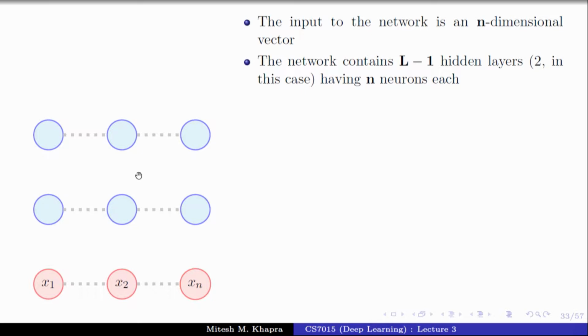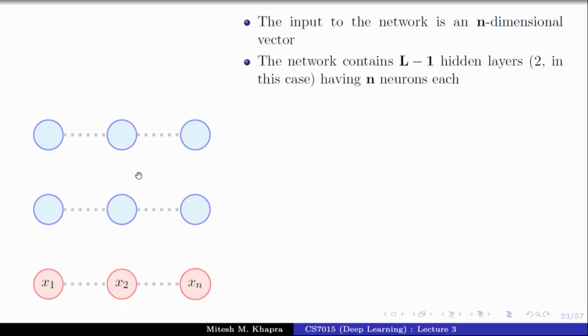If I consider any of these neurons, let's focus on the first blue neuron in the first blue row. That is going to take inputs from all the red guys. All the red inputs are going to feed to that. It's going to take a weighted sum of these inputs, add a bias, and then compute the sigmoid.